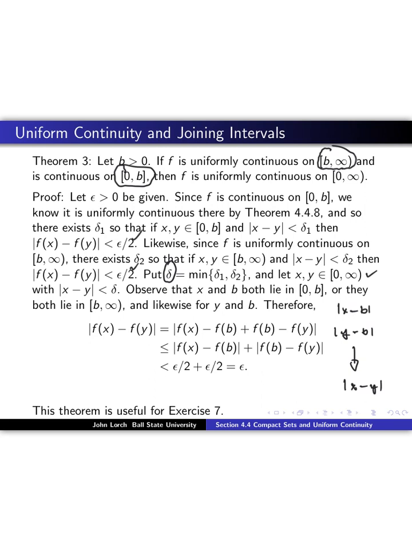And then what you do is you simply take your difference of function values here and you add and subtract f of b, and then we use the fact that both of these are less than delta to obtain that both of the differences of function values are less than epsilon over 2. And then we add them together, and that gives us epsilon.